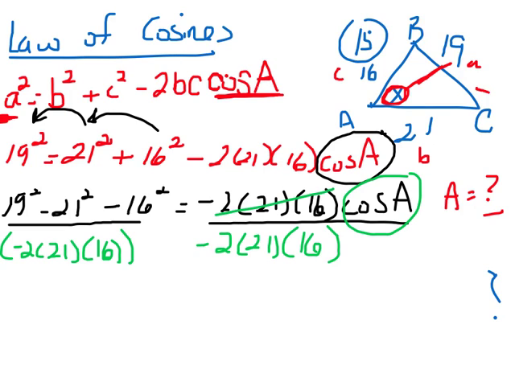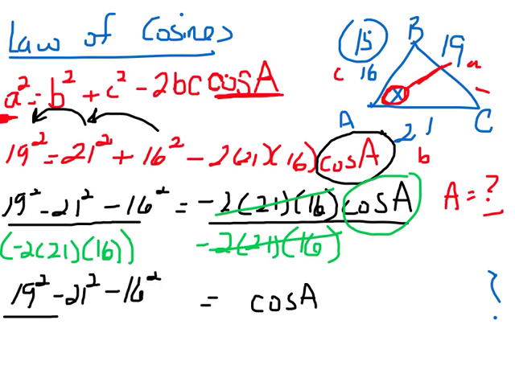I'm going to let the calculator do all my work, and I'm going to try to do the minimal amount of punching necessary in writing. So I have cosine of A is all that mess, which my calculator is happy to find for me. So that's like -2 times 21 times 16.